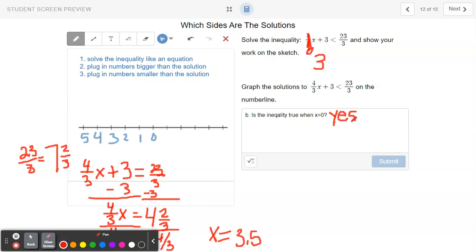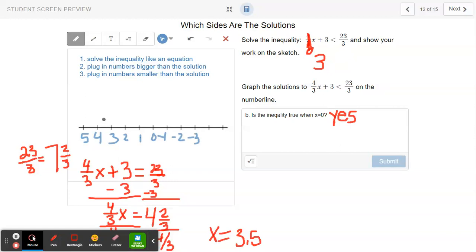And so what that's telling us on our number line up here, this is -1, -2. We know for sure that x equals 3.5 is kind of like our border, right? 3.5 is exactly between 3 and 4.